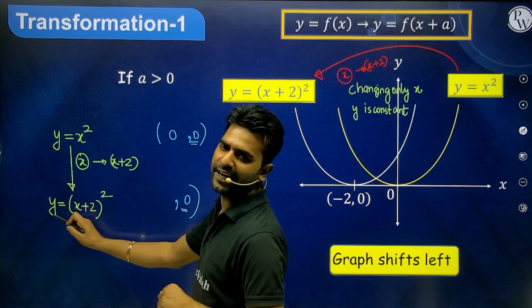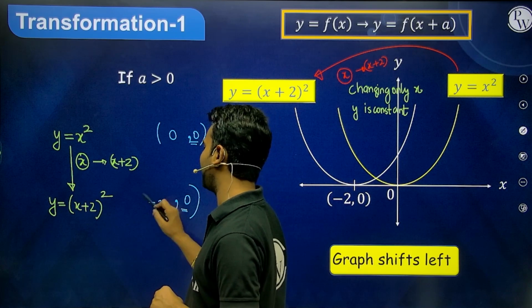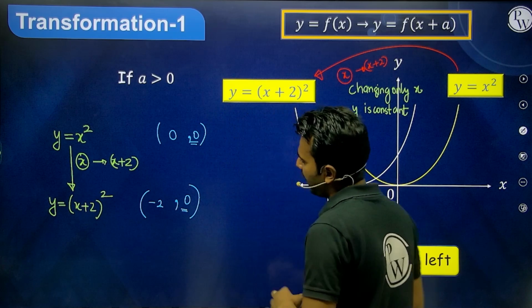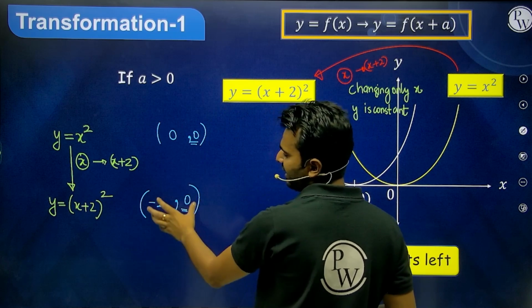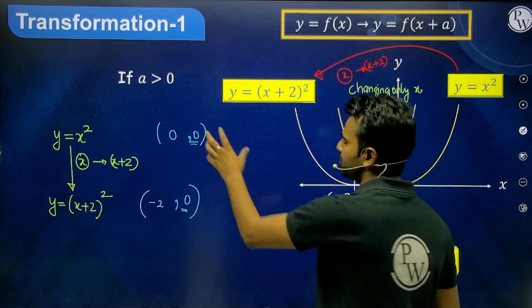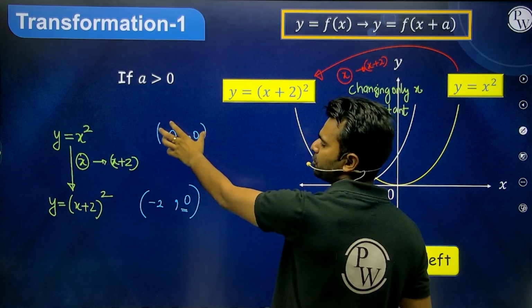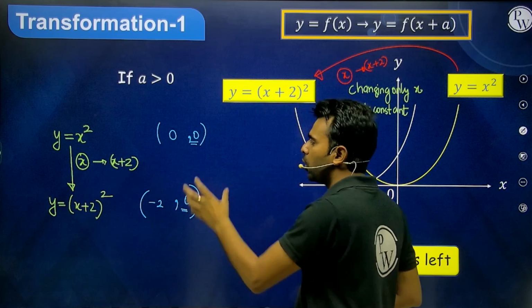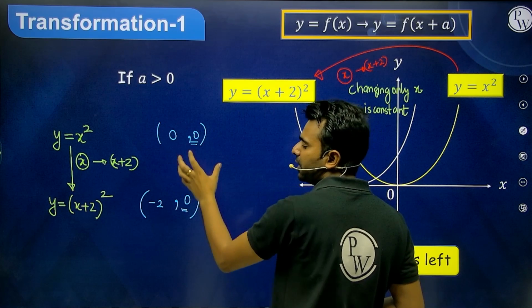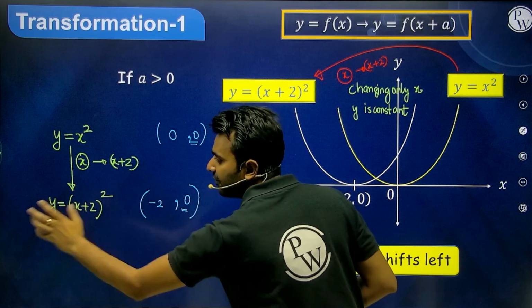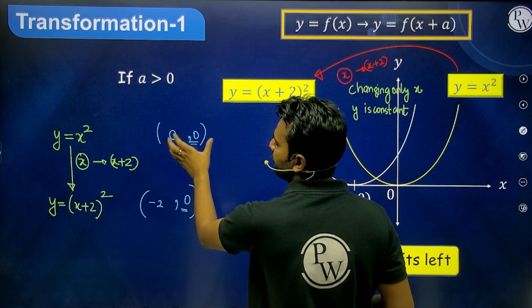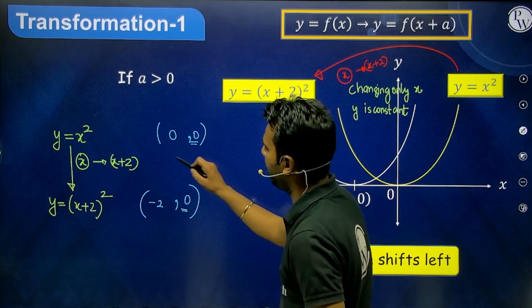In order to bring y equal to 0 over here, don't you think that we need to have x equal to minus 2? So earlier this point 0, 0 was there, now it has become minus 2, 0. So this point needed to be shifted towards left or right so that we get to this particular thing. We need to shift this particular thing 2 units towards left so that we reach from here to here. Yes or no? Left movement.